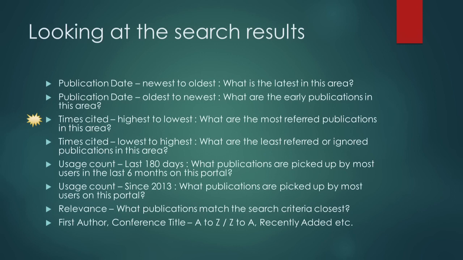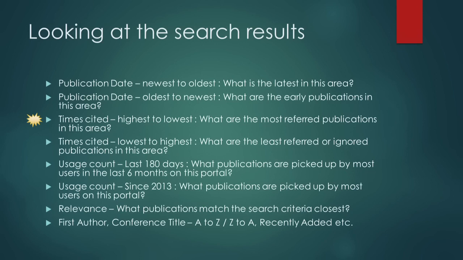You can also use the search engine capabilities to see whether our peers who are also using this portal have something to convey to us. And the Web of Science portal keeps track of the number of users who have picked up a particular literature item by using the usage count. So, you can look at what happens to the usage count of a particular item in the last 6 months, and look at that number to guide you to identify the kind of publications that you want to pick up from the portal.